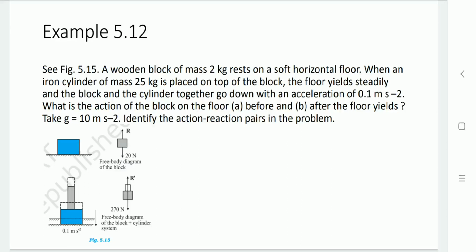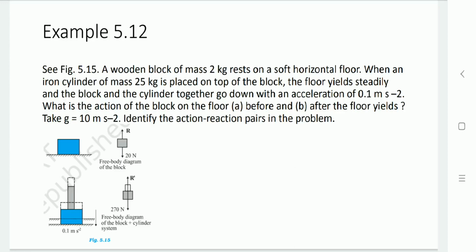The wooden block has a mass of 2 kg and the iron cylinder has a mass of 25 kg. So total mass m equals 27 kg, g equals 10 meter per second square. So now we have mg equal to 270 Newton. Now, as given in the example, by placing the iron cylinder, the total system accelerates downward. So the normal component of that total system, which is defined as R dash, should be less than mg.